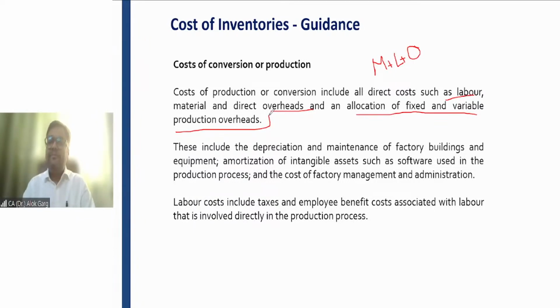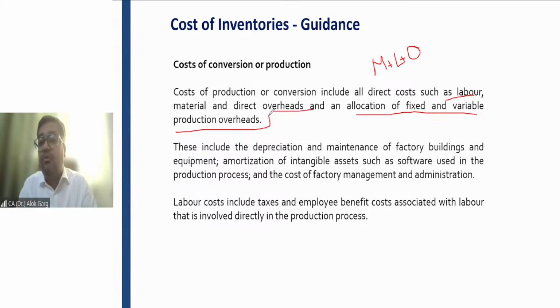Friends, this cost of conversion includes the direct cost as well as allocated cost. For example, the depreciation, maintenance of factory building, rent of factory, right? So these are indirect costs. Indirect costs, I mean to say, these have to be allocated to the cost of inventory.